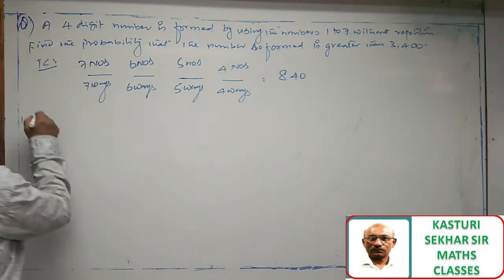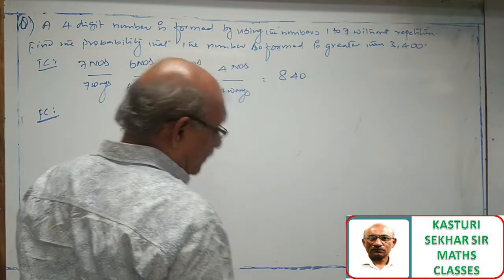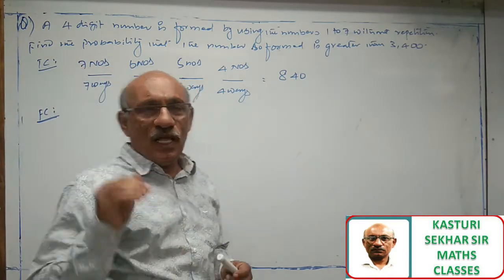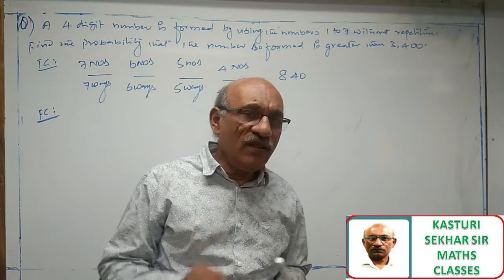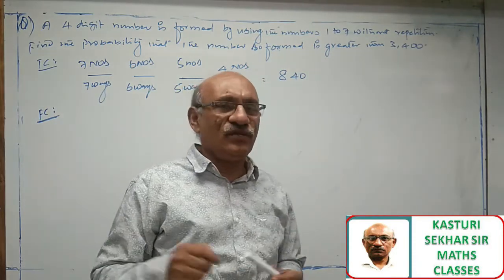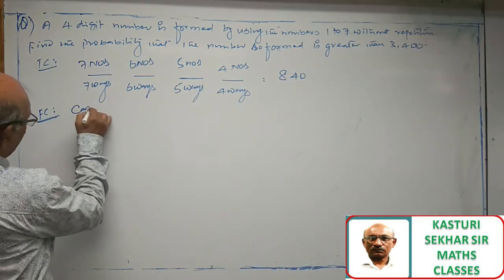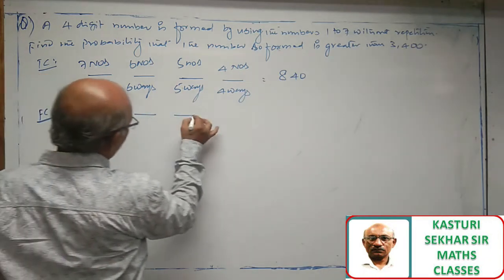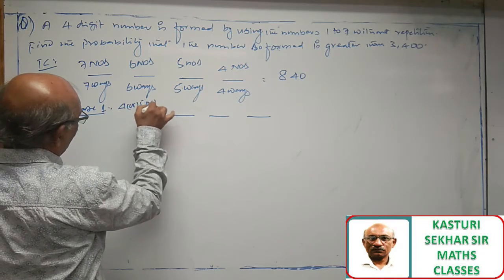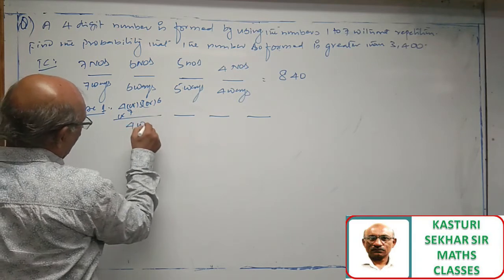Now let us see favorable cases. Any 4000 series, any 5000 series, 6000 series, any 7000 series, numbers are greater than 3,400. So let me take case 1 here. If thousands place is occupied by 4 or 5 or 6 or 7, then this can be filled in 4 ways.